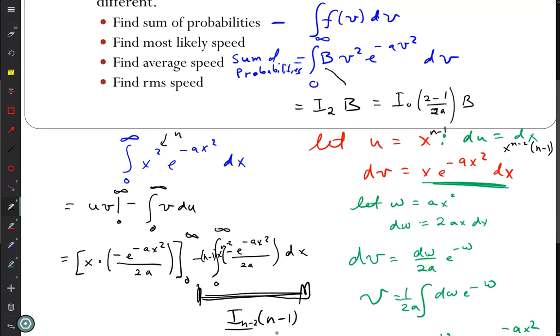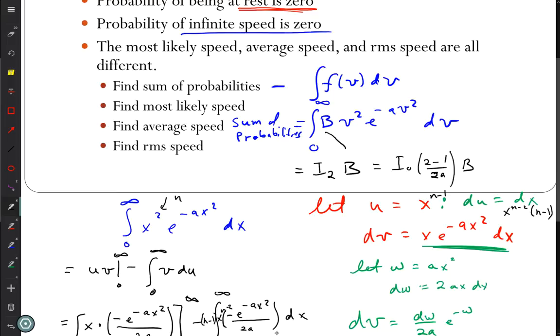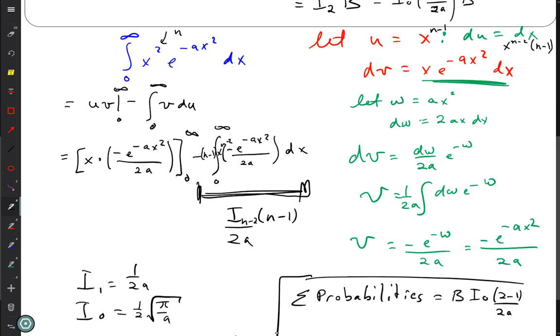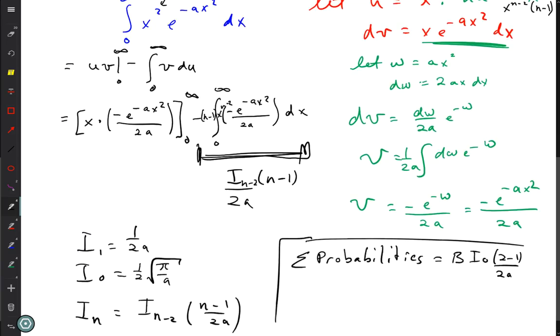Oh, okay. B, did I have B? B, I0, 2 minus 1, 2a. So now I just have to put in my B, my I0, and my A. So I'm going to have two minus 1 is 1, so I'm dropping that off.